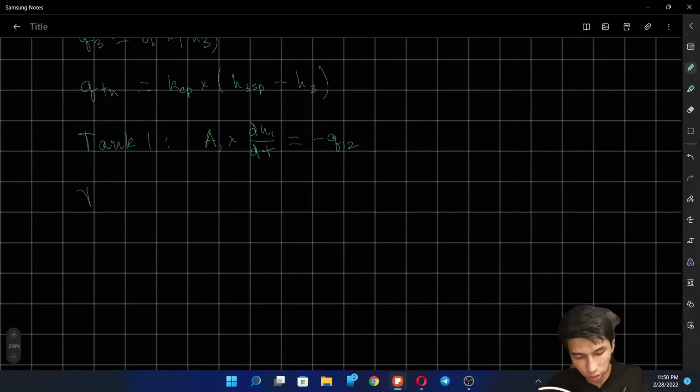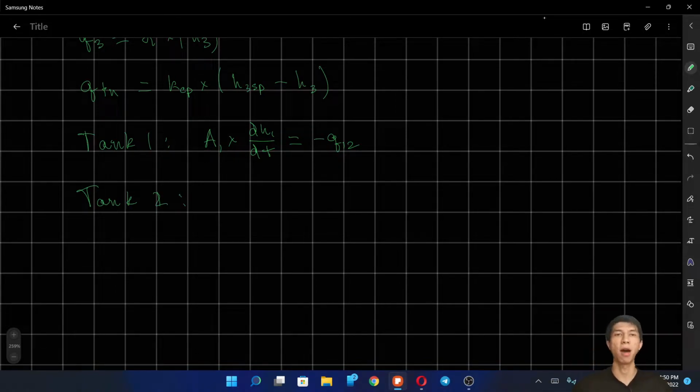So let's describe the change of flow in tank 2. We have our cross-sectional area for tank 2, multiplied by dH2 over dt, the rate of change in height 2.